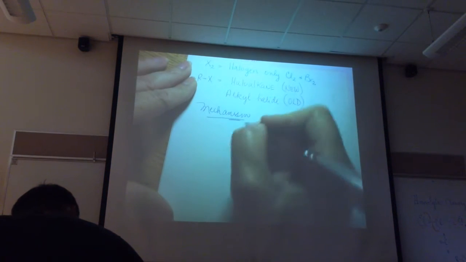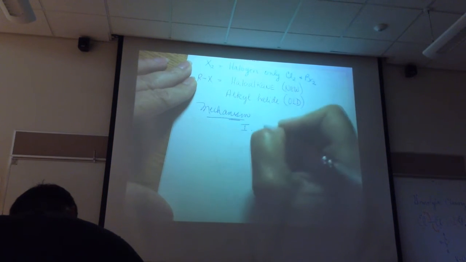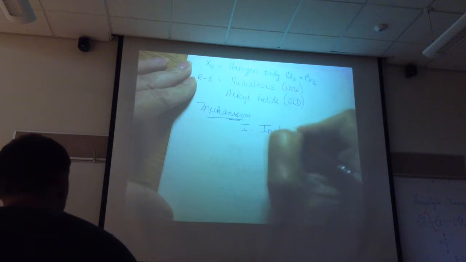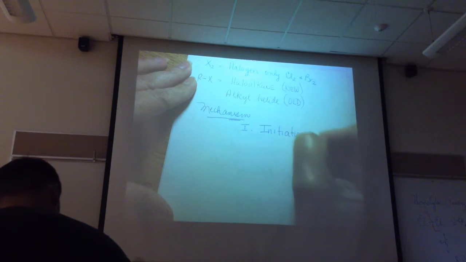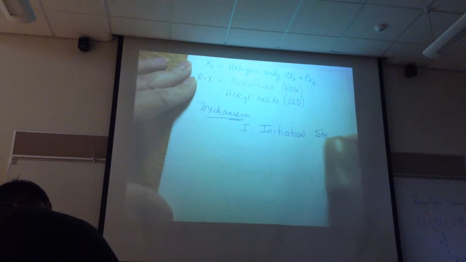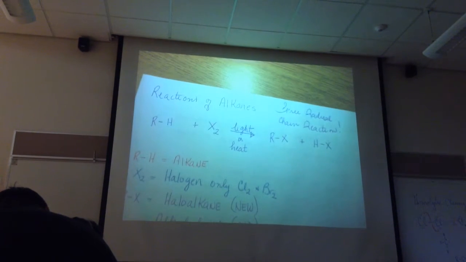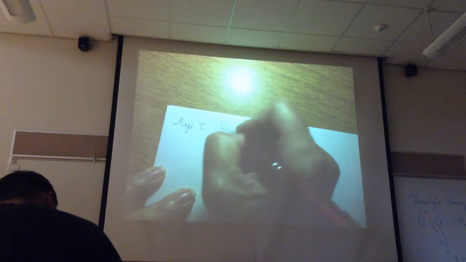Step number 1 is called the initiation step. We'll see what this means. This is the beginning of the formation of your radical intermediate. So how does that look? In this initiation step, I'm drawing the steps of the mechanism. Step 1, initiation step.